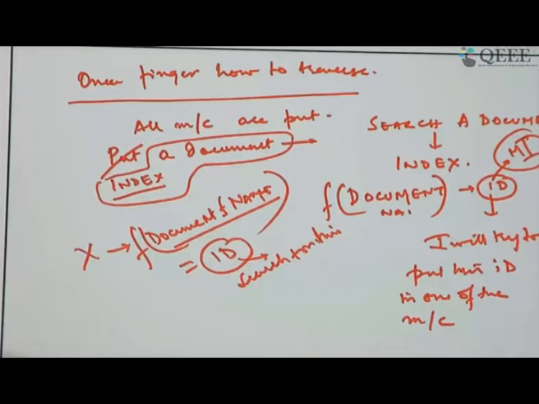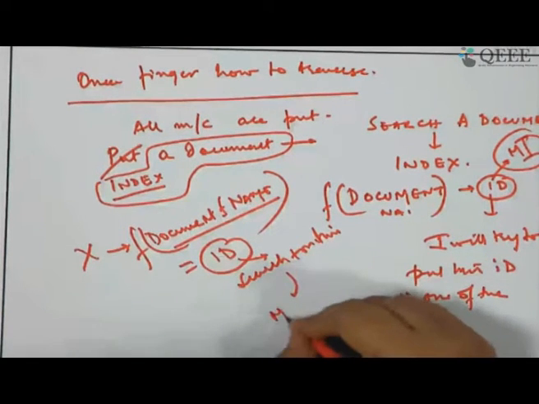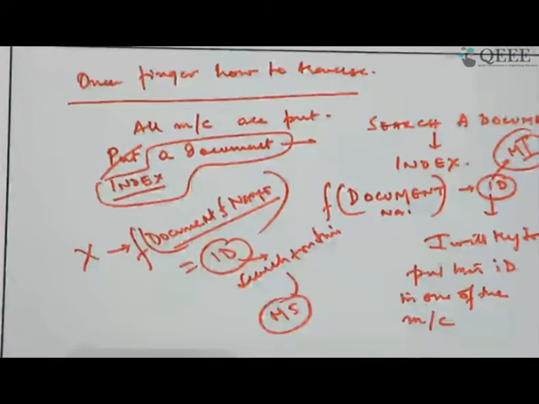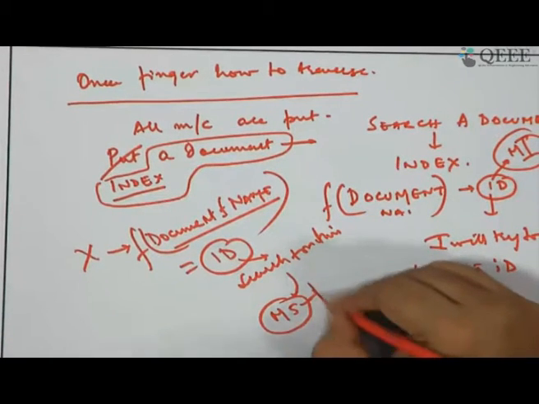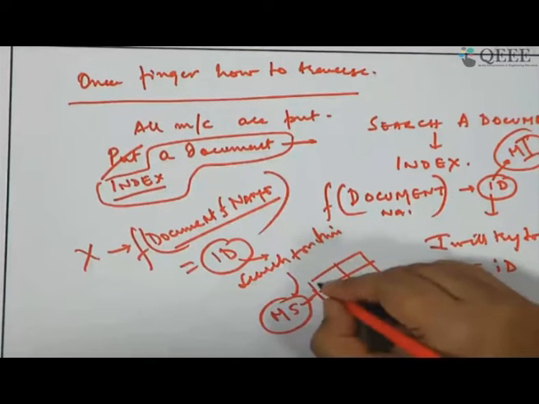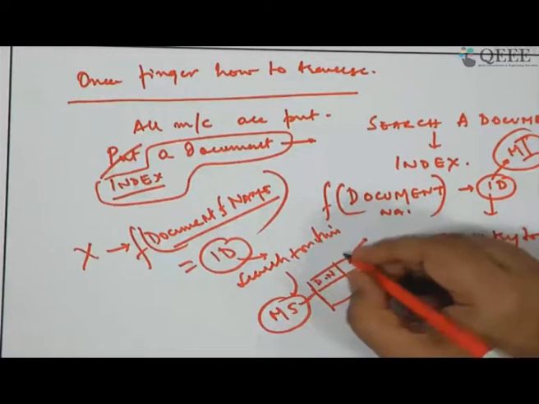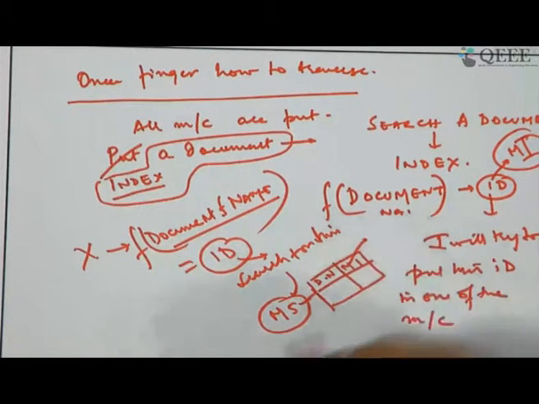So then what is happening? It searches for this ID, and it sees that this ID is residing in, say, some machine 1, and in machine 1 there is a small table where it says that this ID is the document name and it actually is in machine 1. Okay. So there are two things.